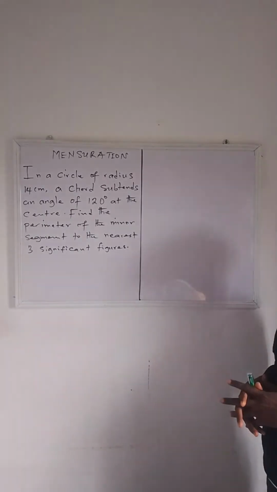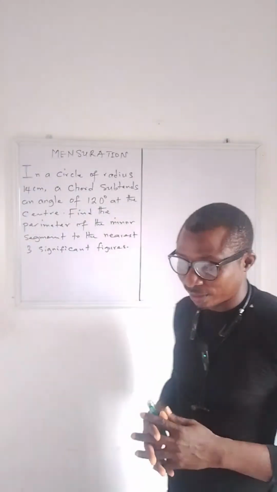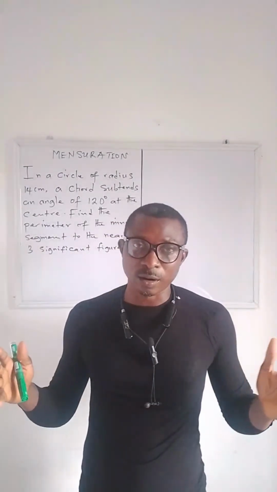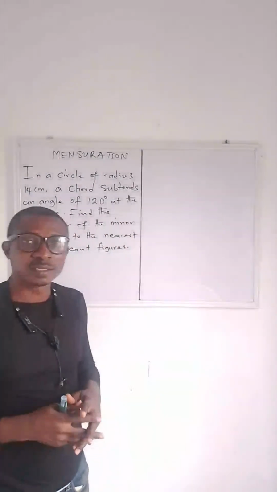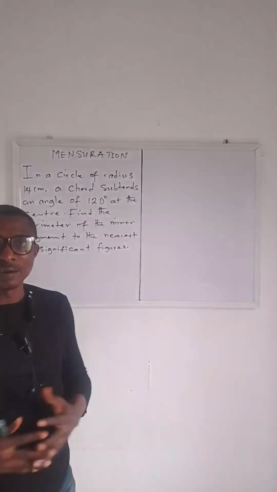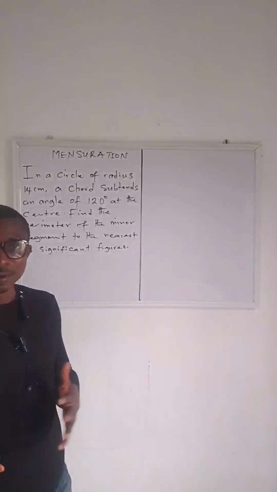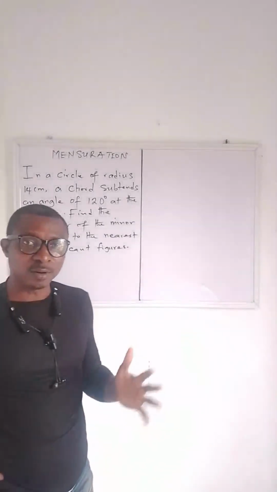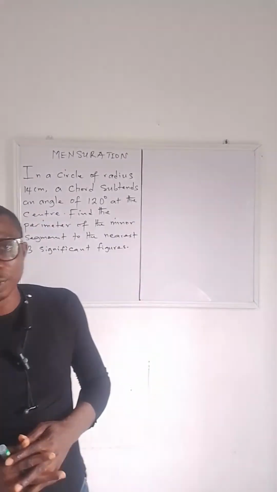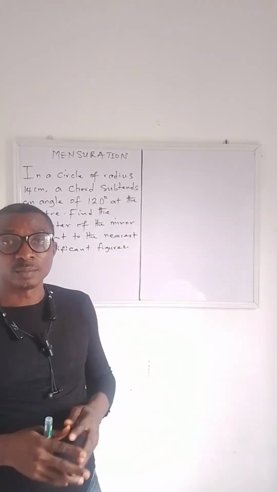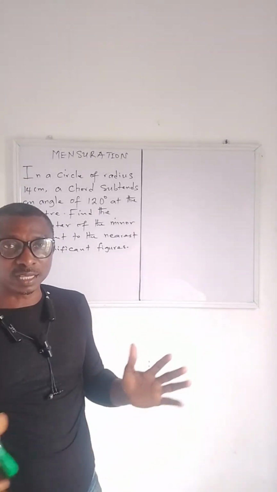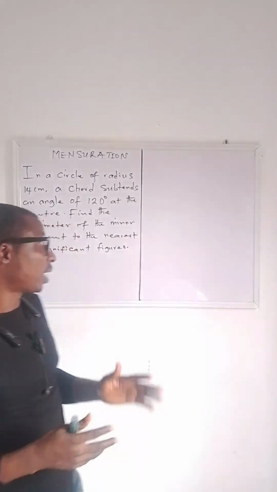To answer these questions, we need to understand all the formulas that surround finding the perimeter of a sector, a segment, and also finding the length of a chord. If you don't have all of these, make sure you visit my previous videos. All of this has been done.